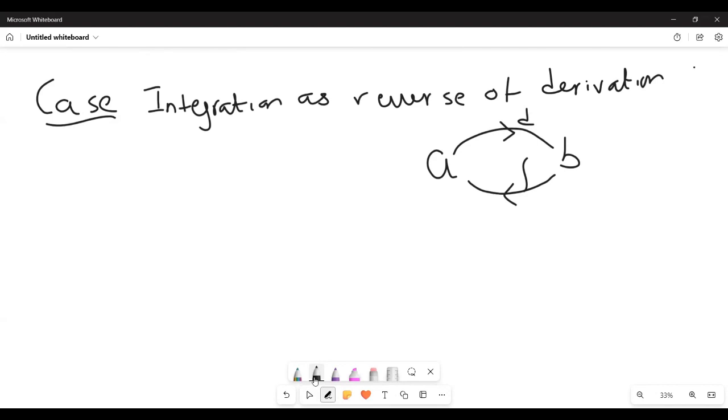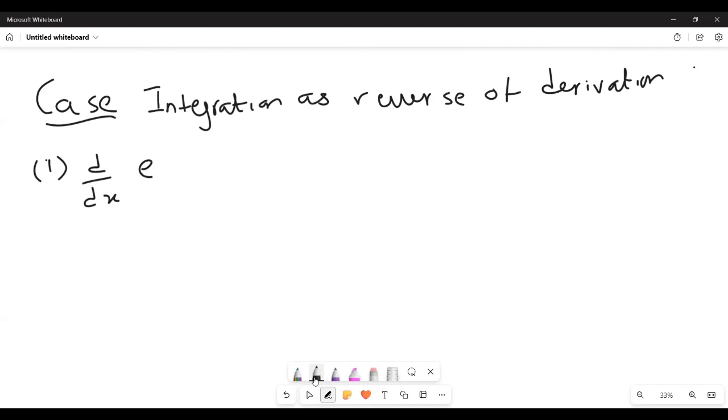It usually comes in two parts. Questions on this topic: Part 1 is differentiate e to the power 2 minus x squared.